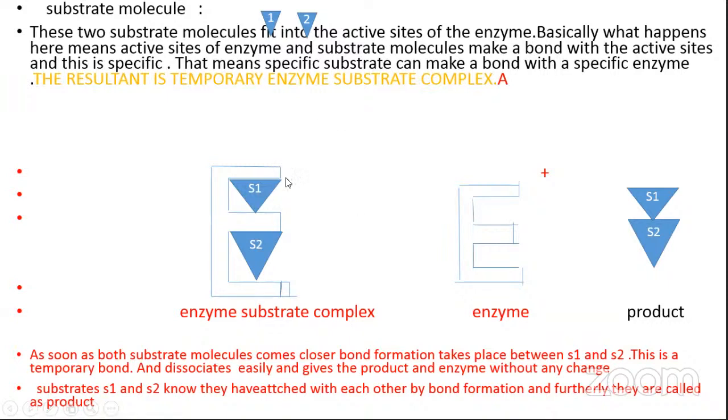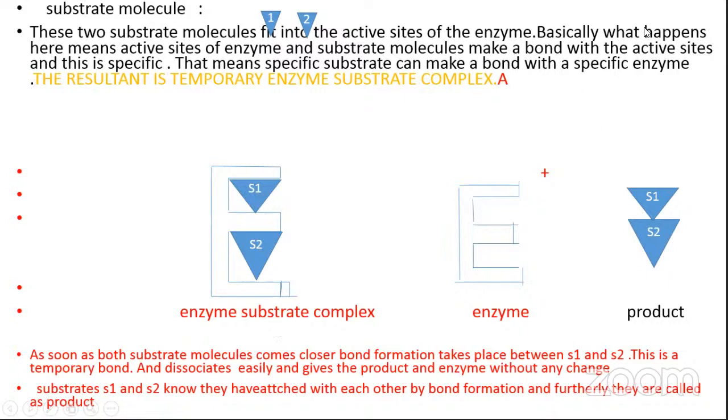That means after inserting the substrate molecules into the active site, both the enzyme and substrate together make a complex by forming temporary bonds between the substrate molecules and the active sites of the enzyme molecules. They together make a complex, which is called the enzyme substrate complex.